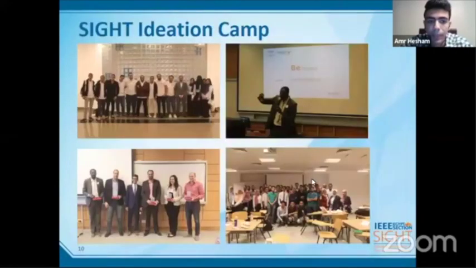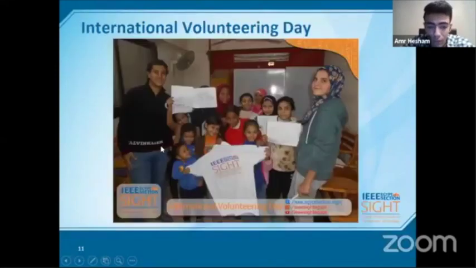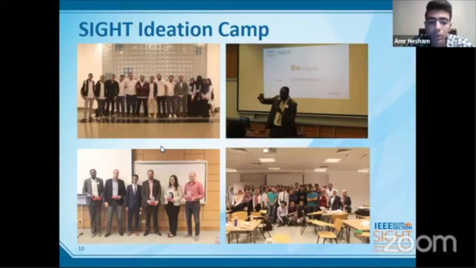And here is one of our ideation camps, held in Egypt at Nile University. You can find the student branches and Mr. John Fonzo from IEEE SITE Region 8, and also the HAC, Humanitarian Activity Committee, and some IEEE active members here in Egypt.